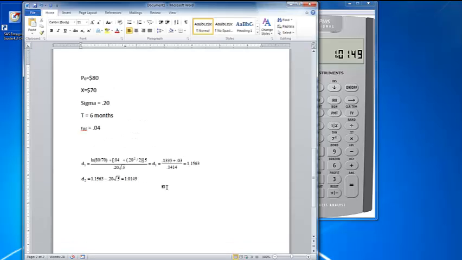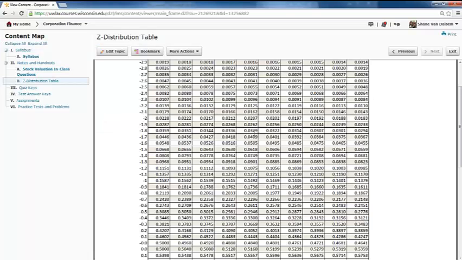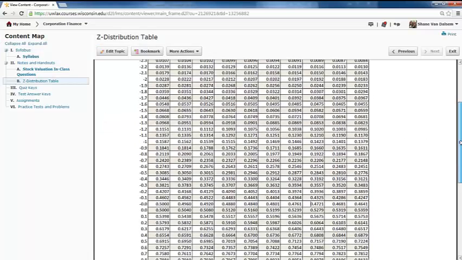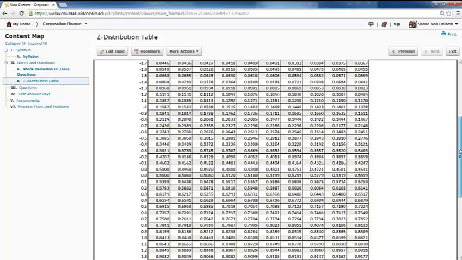So ND1, we're going to look up 1.16 because we'll round it to the hundredths. So I'm looking for 1.16, so I'm going to go down to where it says 1.1, and then go over to the sixth place.